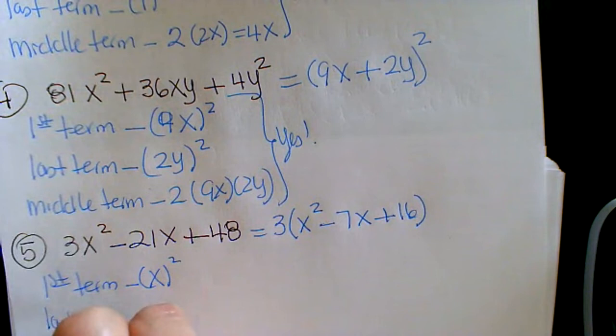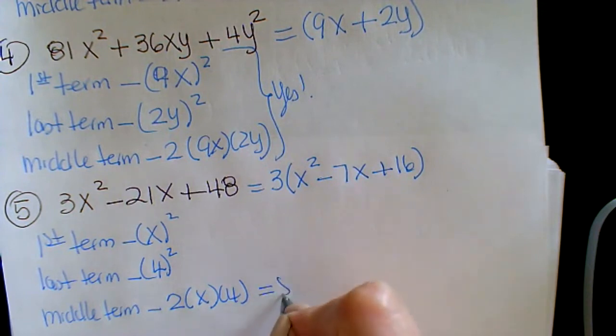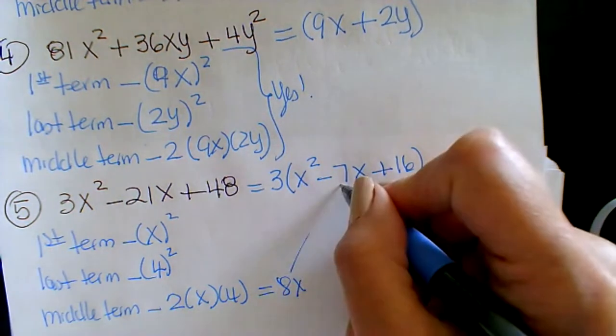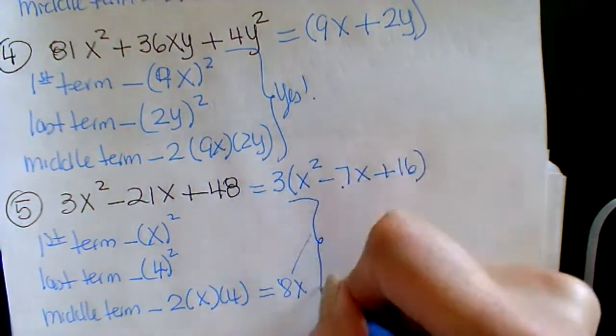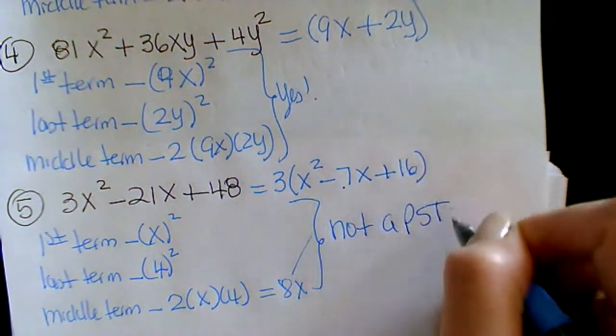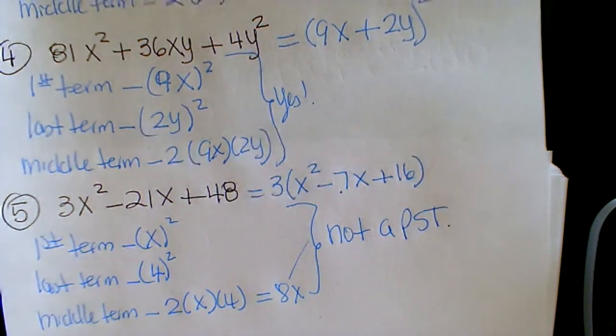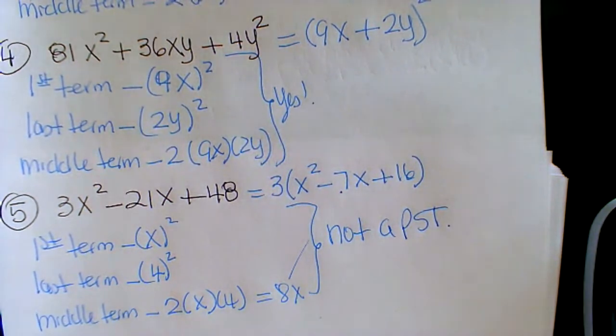Right? And the middle term is going to be 2 times x and 4. 2 times 4 is 8x. And I have what? 7x. So no, not a perfect square trinomial. Okay? Finally, we found one that is not.